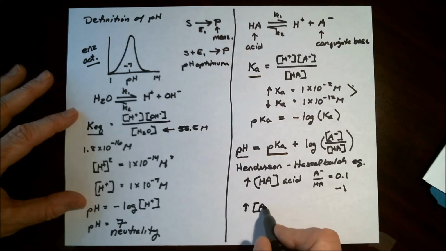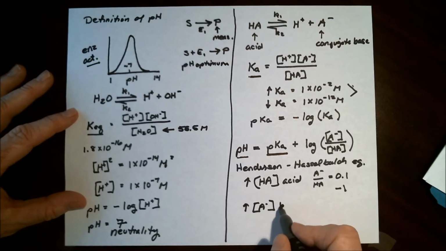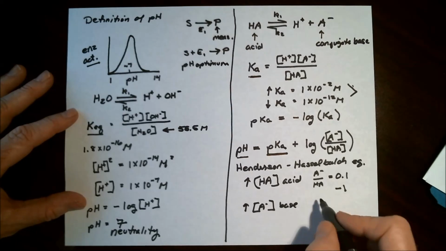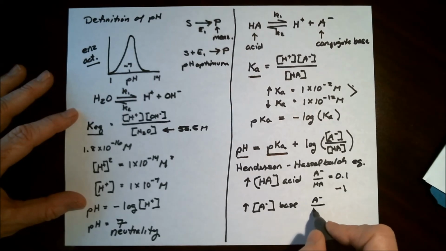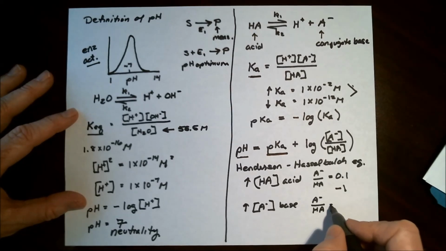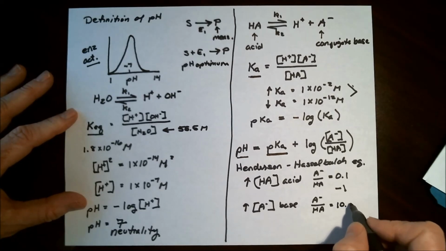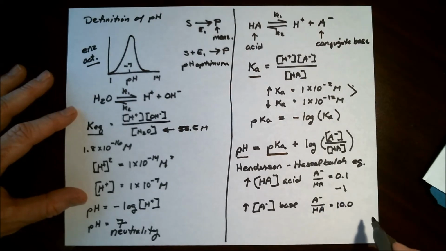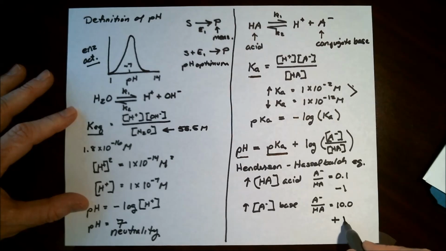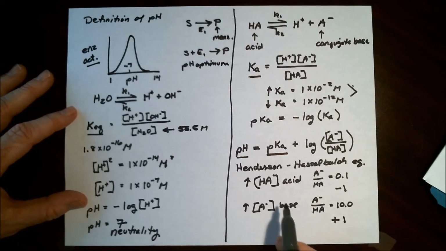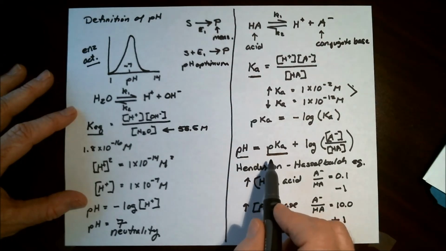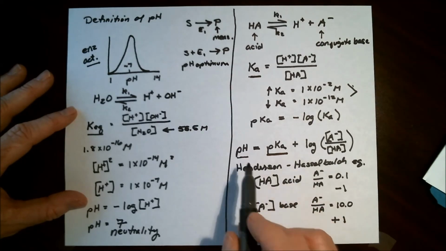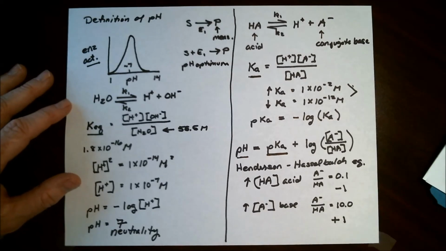Likewise, if we throw in a large amount of conjugate base, let's say our ratio is opposite. So now that we are at 10 to 1 conjugate base to acid, then the log of 10 is equal to +1. So now we are taking the pKa of the acid, adding 1, giving us the pH. So now we are above the pKa because we are more basic.